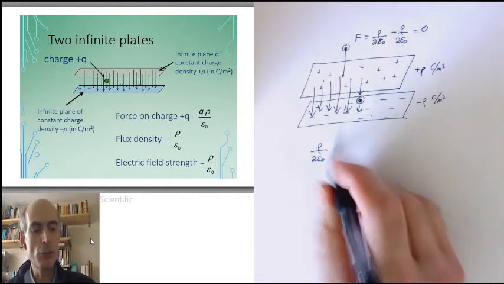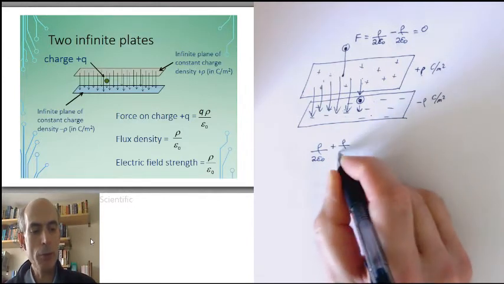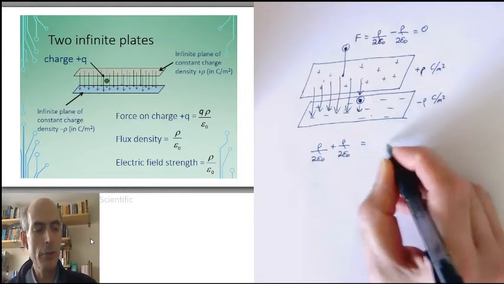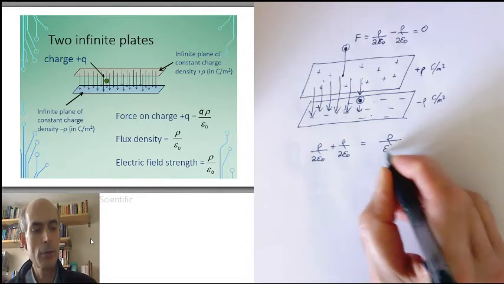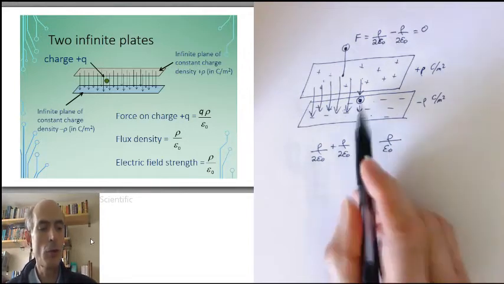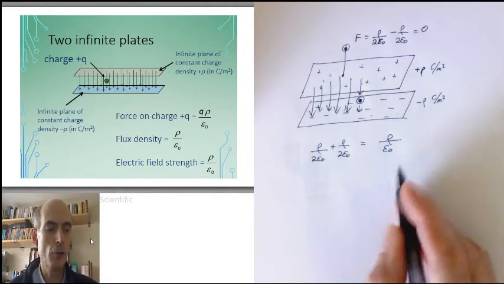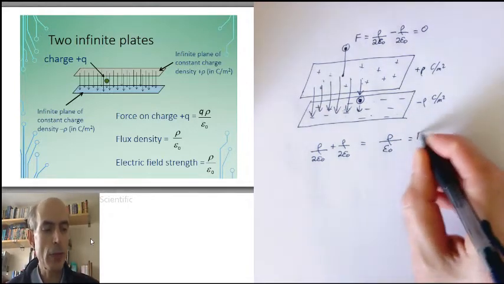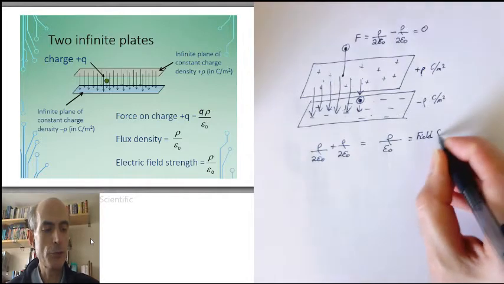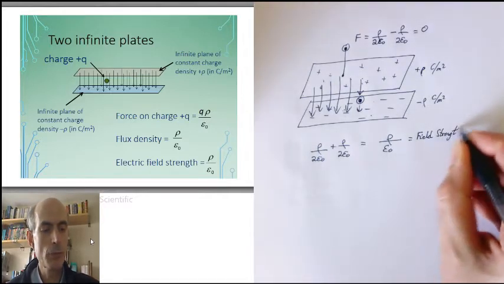So now these two forces would add up. They're both acting in the same direction, and the net force on a unit charge between the two plates would be rho over epsilon naught. So that's the field strength between the two plates, the force on a unit charge.